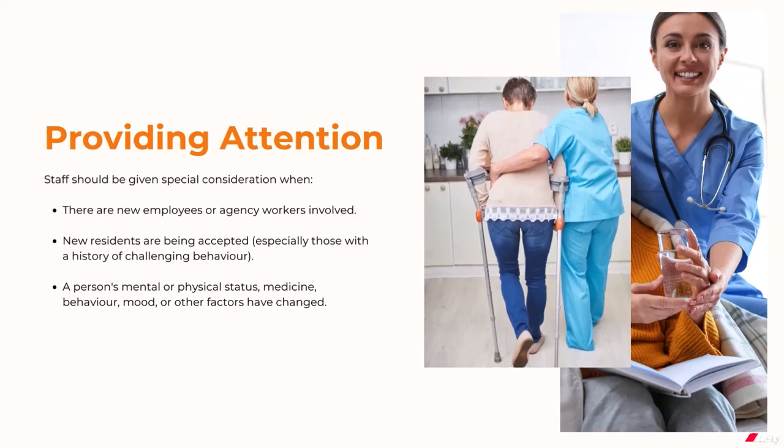Staff should be given special consideration when there are new employees or agency workers involved. New residents are being accepted, especially those with a history of challenging behavior. A person's mental or physical status, medicine, behavior, mood, or other factors have changed.